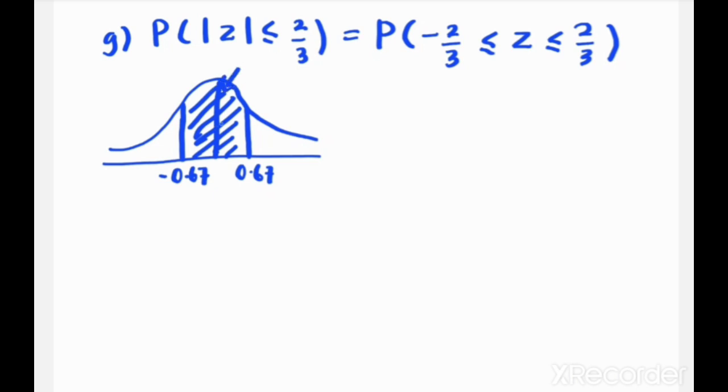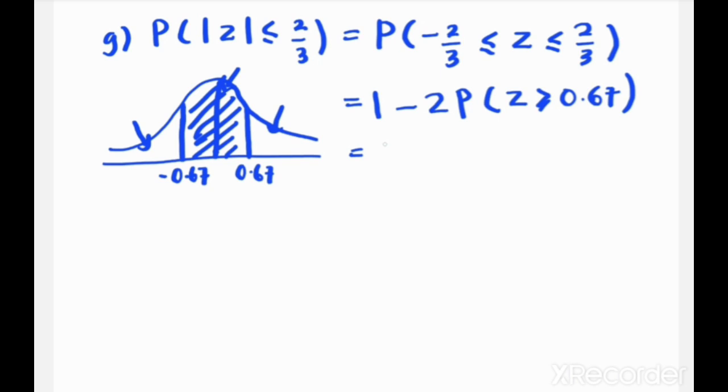Because we cannot find it directly from the table, we take 1, the area under the whole bell shape, minus these two areas, where this area equals this area, so we write 2 times P(Z ≥ 0.67). By reading from the table, you get 0.2514. Calculating, we get 0.4972.